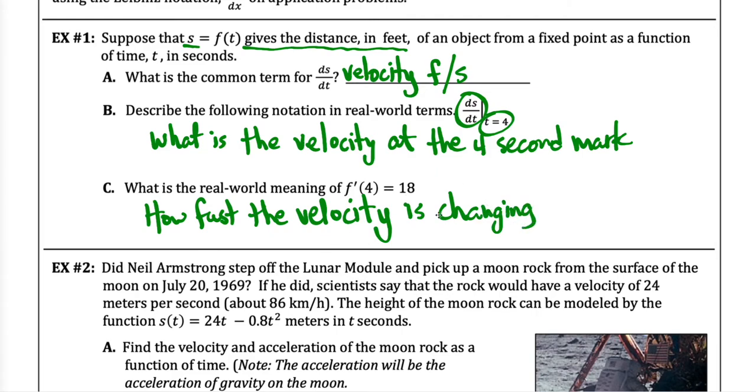So if we're trying to say how fast the velocity is changing, the 4 inside the parentheses means it's at time 4. And an answer of 18 means the velocity is going up 18 feet per second per second.